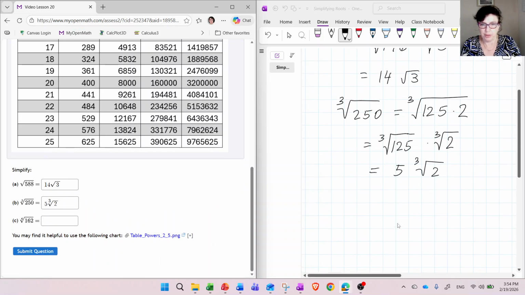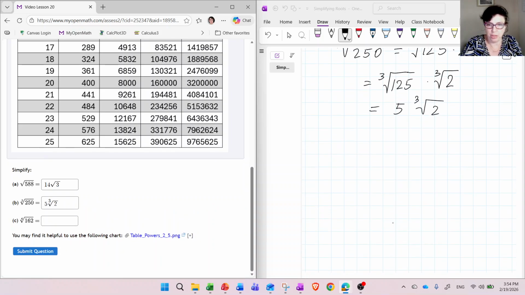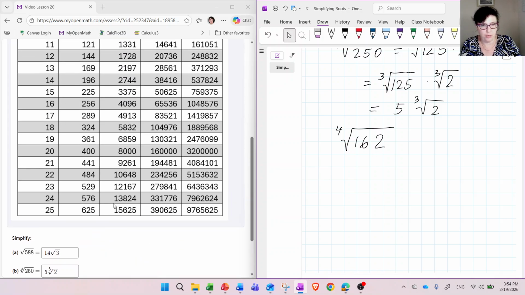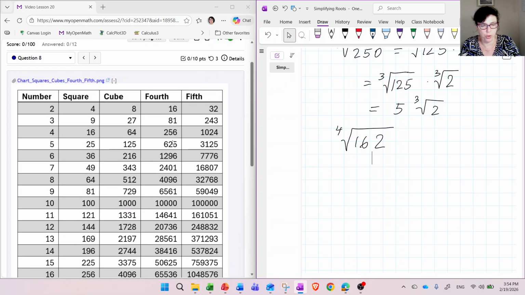The last example we're going to consider is how to simplify the fourth root of 162. The same idea, we're now looking at the fourth powers of our numbers, and we want to find the ones that are less than our number. When we look at the fourth column, the first number that's less than 162 is 81.